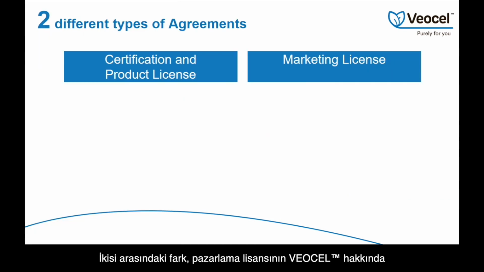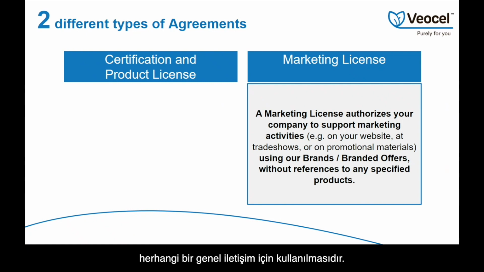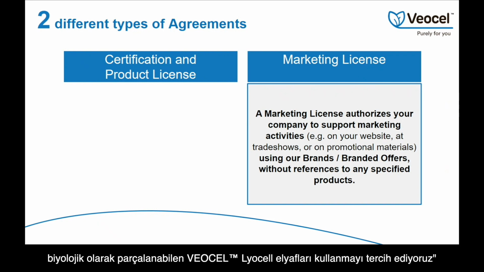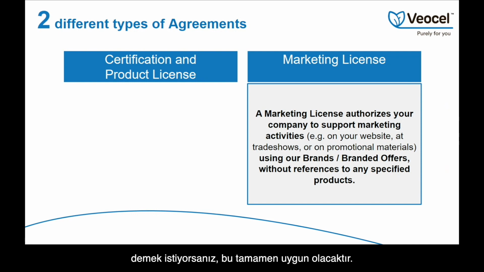The difference between the two is that a marketing license is used for any generic communication about VEOCEL. If you would, for example, want to say on your website, we care for sustainability and therefore we prefer to use biodegradable VEOCEL lyocell fibers in our products, that would be totally fine.